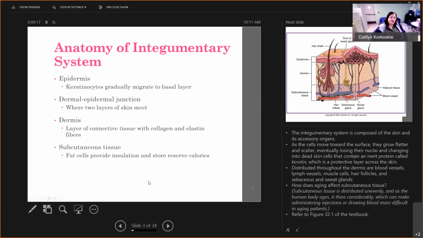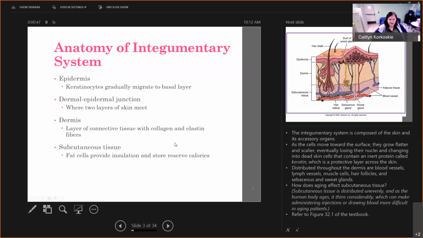First, and we'll go over an actual image on the next slide, you have 4 different layers. You have the epidermis, which is the top layer, the part that you actually can see. You have the dermal epidermal junction, which is basically where the dermis and the epidermis meet together. So that's what this layer in between is.